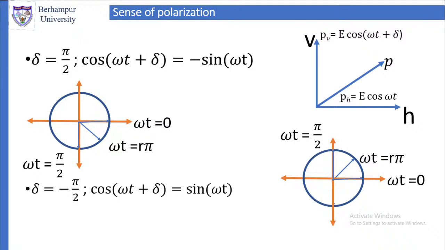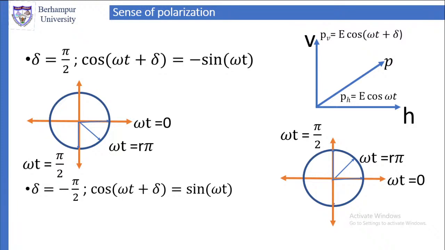Then delta is equal to minus pi by 2 will give us cos of omega t minus pi by 2, which is equal to sin omega t. If it gives us sin omega t, then at omega t is equal to 0, the arrow will be from left to right. Draw it from the center of the circle to the perimeter of the circle from left to right.